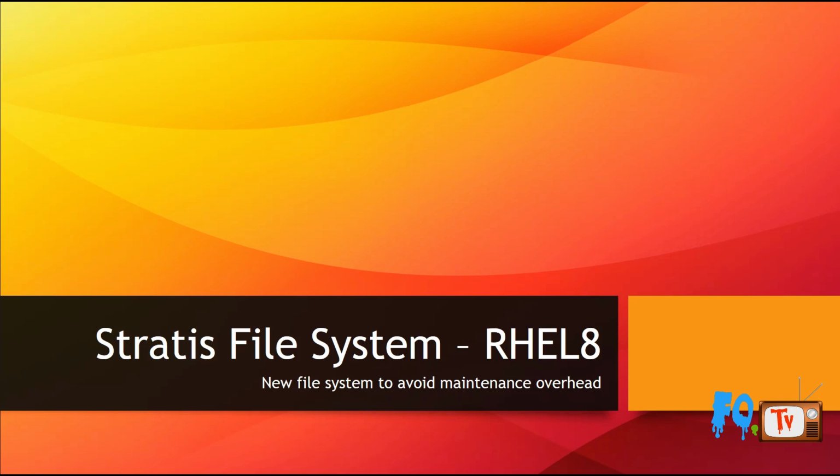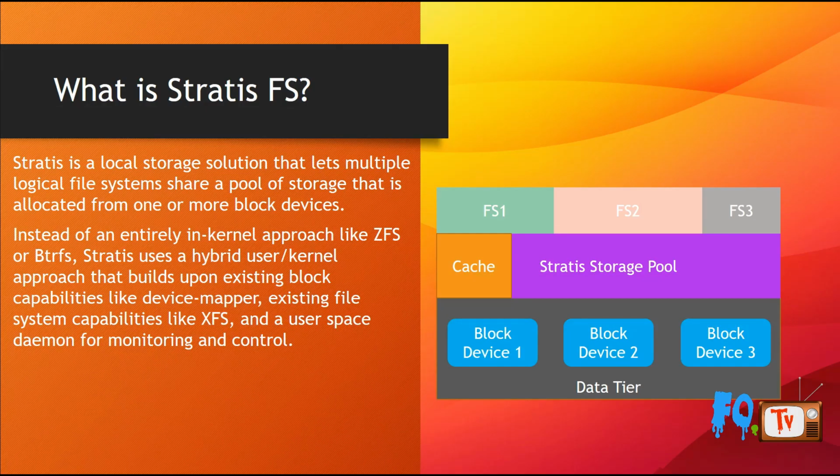So how it works, let's see this over here. This is what Stratis FS is. Stratis FS is a local storage solution that lets multiple logical file systems share a pool of storage that is allocated from one or more block devices.